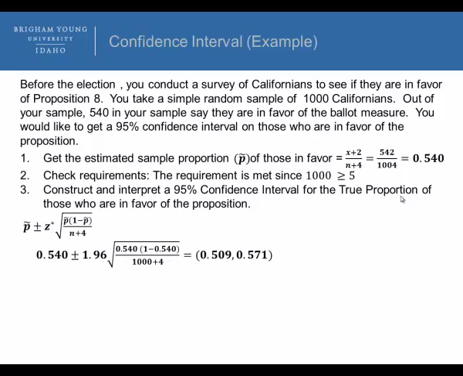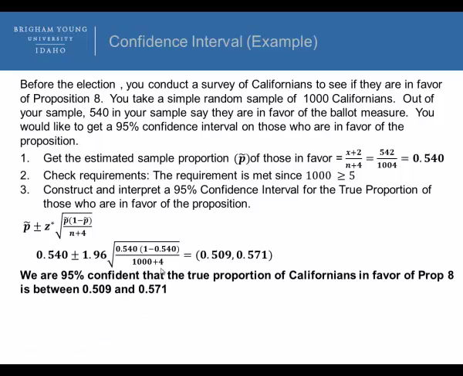If we plug it in by hand, we would get 0.54 plus or minus the critical value, which is 1.96 for the 95% confidence interval, times the square root of P tilde times 1 minus P tilde divided by n plus 4. And if we solve for that, we get 0.509 for our lower bound and 0.571 for our upper bound.